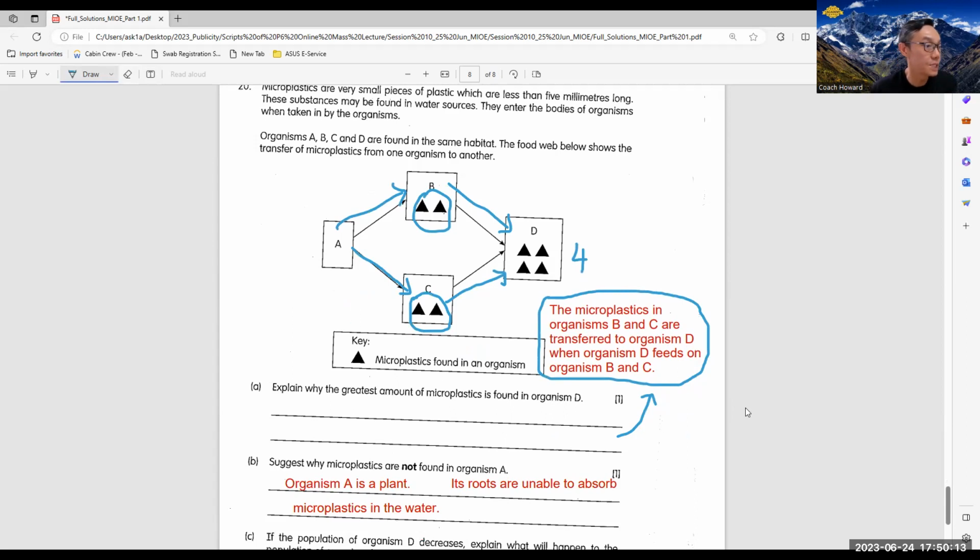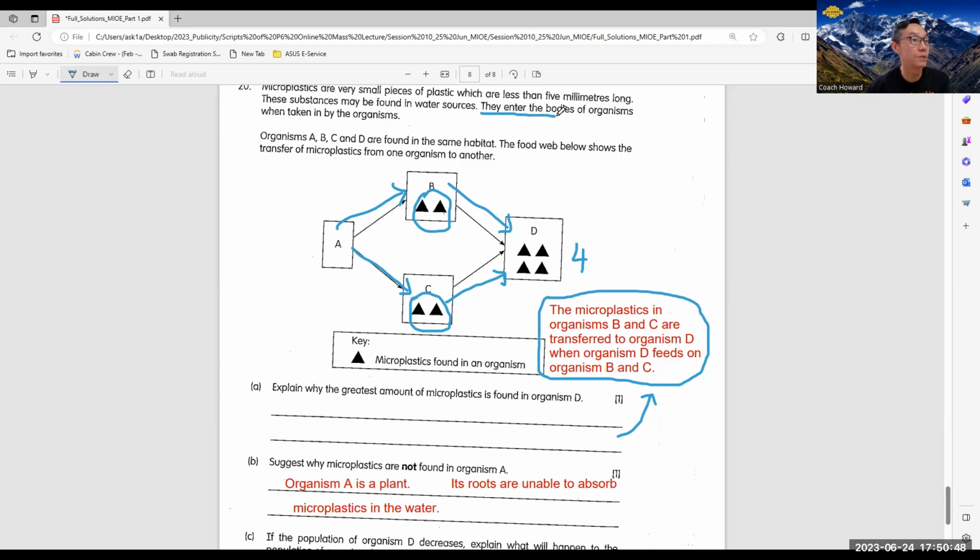Okay, next, suggest why microplastics are not found in organism A. Because A is a producer, it is a plant, its roots are unable to absorb microplastic in the water. Okay, if you look here, because they say they enter the body, there's a clue here.